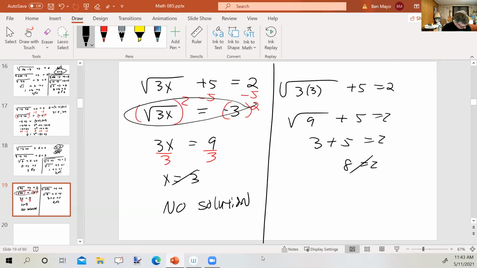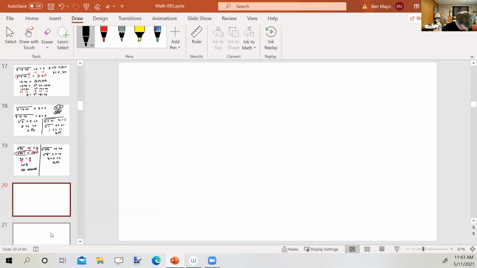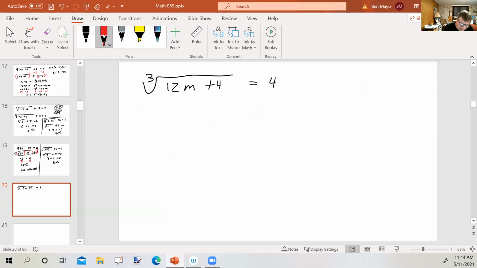Okay, let's take a look at this one. Now we're going to deal with a cube root instead of a square root. The cube root of 12m plus 4 equals 4. So again, the radical term is isolated, but now instead of squaring both sides, we're going to cube both sides of the equation.